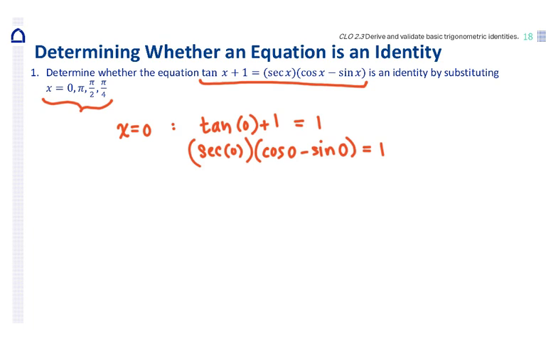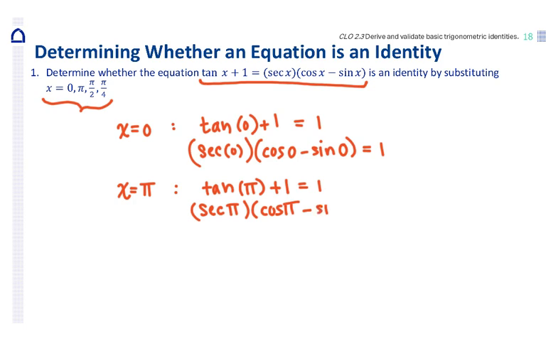So far, so good. Let's put in x equals pi. To the left side, we'll get tan of pi plus 1, which is 1. We'll get secant of pi times cosine of pi minus sine pi. And when you plug all that in, you get 1.